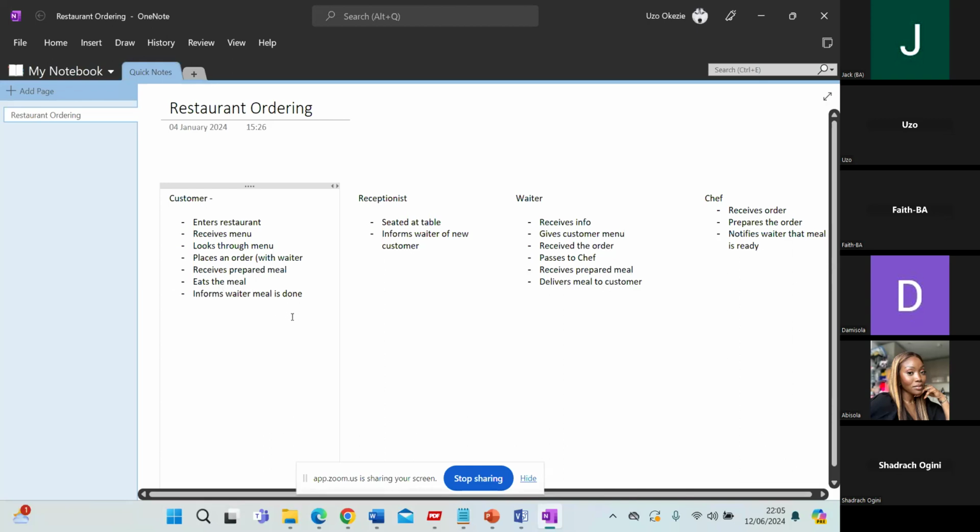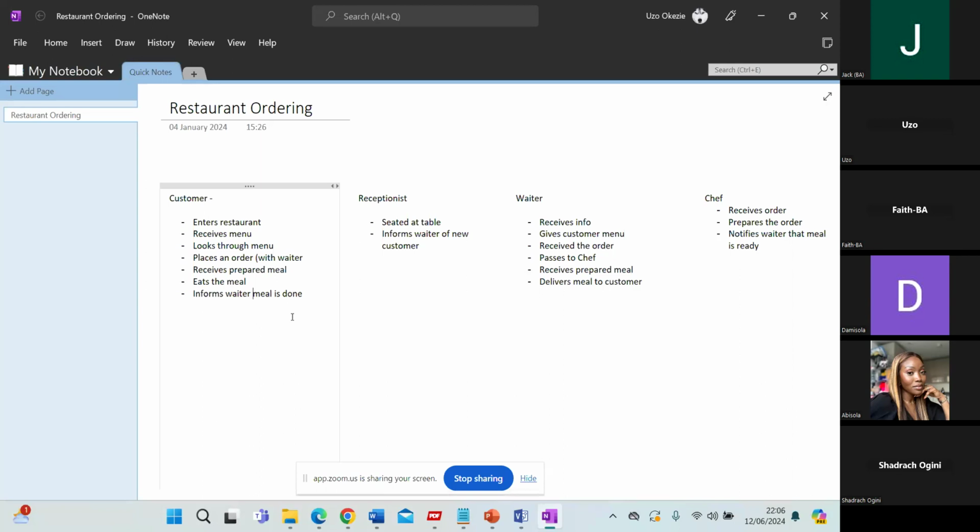Or could we say ask for bill? Normally, remember, this is a level 1, so let's just assume that once the meal is done, he's ready to go. No appetizer. If we wanted to do a level 2 or level 3, we would ask for appetizer and all of that. But let's just say once the meal is done, he's done with the meal. Is that okay? Yeah.